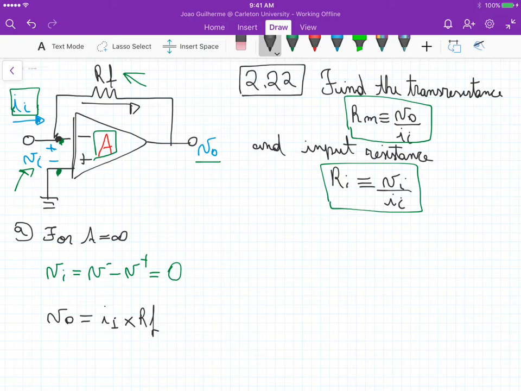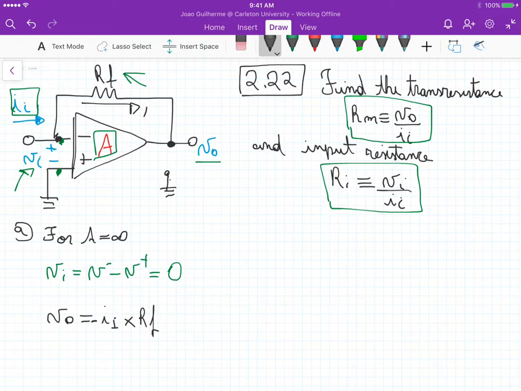Okay, so if we have this equation, actually this is minus Ii RF, right? Because we are measuring V out here. So the current basically goes as if we were measuring with respect to the ground, so the current here is in the opposite direction.